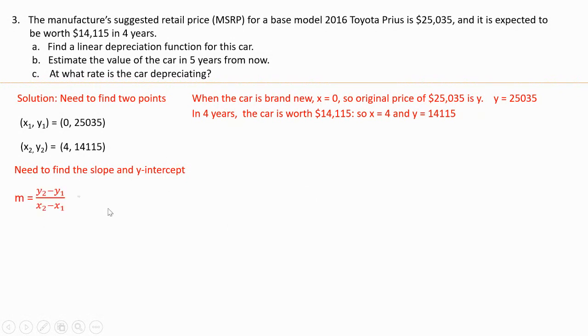So that's the formula for the slope, right? It's y2 minus y1, which is 14,115 minus 25,035, over 4 minus 0. So it's going to give us a negative answer, right? Because if it's depreciating, it means the slope is negative. So the slope will be negative 2,730.